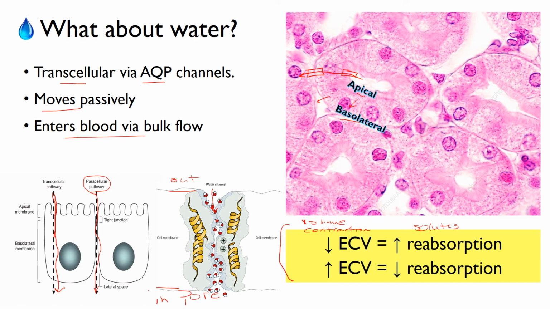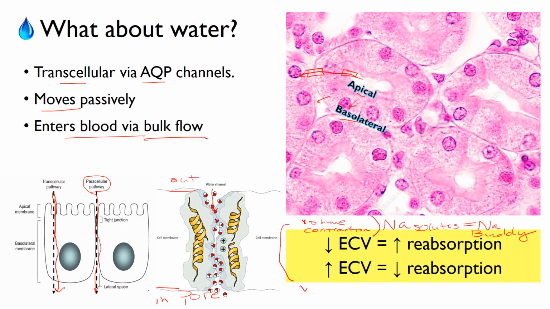So why is that? Well, that's because solutes are usually coupled with the movement of sodium. Remember, they are buddies. Sodium usually has a buddy when it's reabsorbed in the proximal tubule. And when we're in a volume contracted state, we want to reabsorb more sodium so that we can utilize this phenomenon of bulk flow and reabsorb more water. And that is going to help try to counteract our volume contracted state or reverse it. And then the opposite effect happens as well.